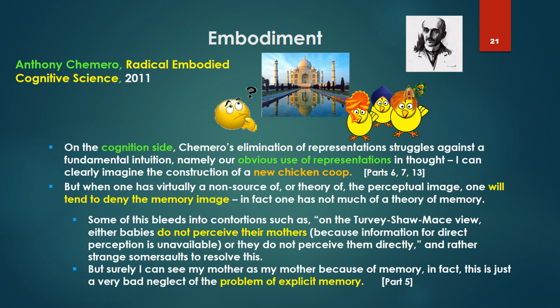That takes a while to develop. It's a fundamental and profound problem that one has to explain how this happens. But in this literature, apparently the problem of explicit memory doesn't even exist, which is kind of sad.